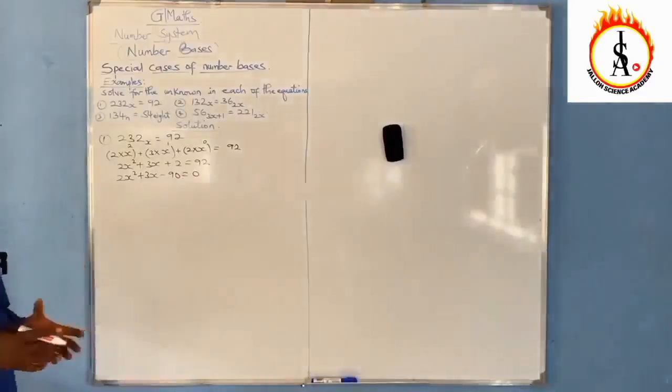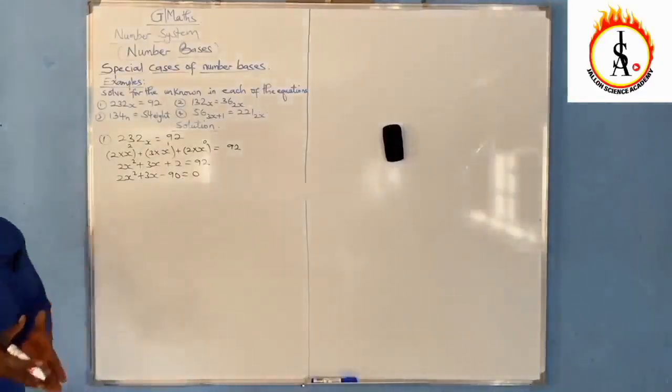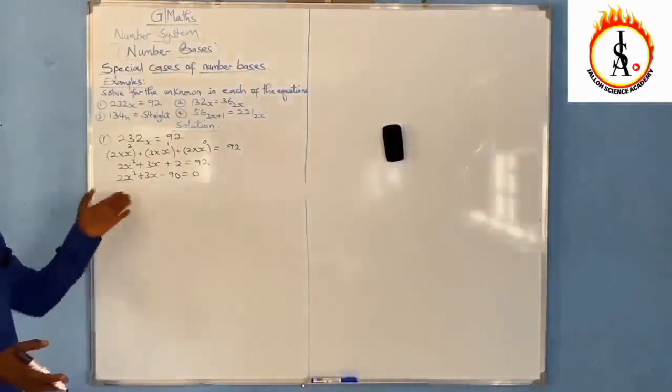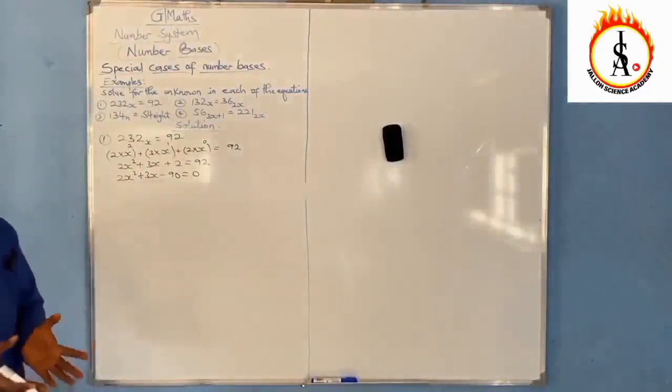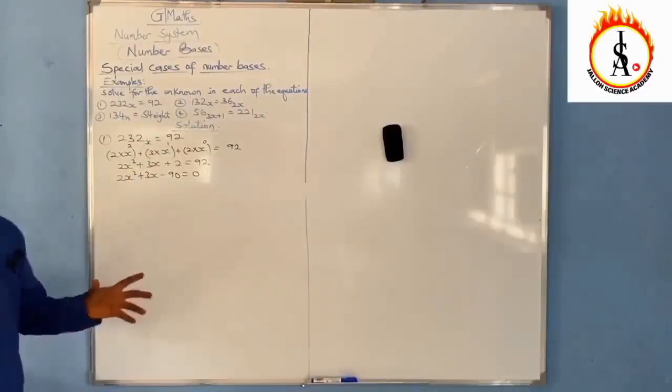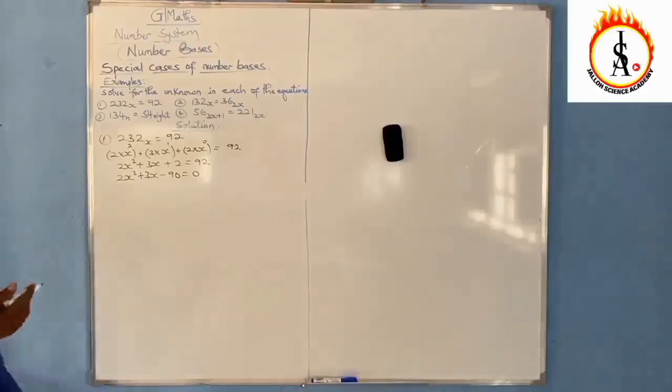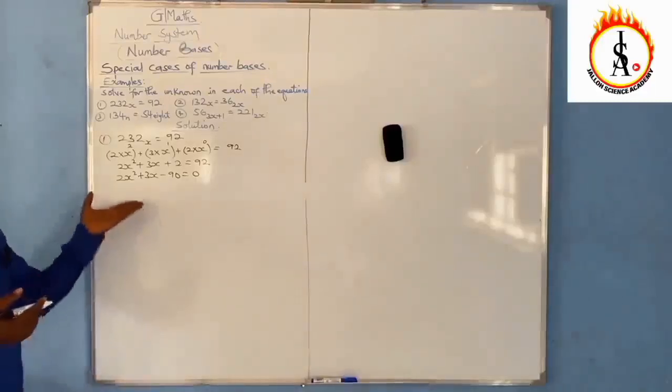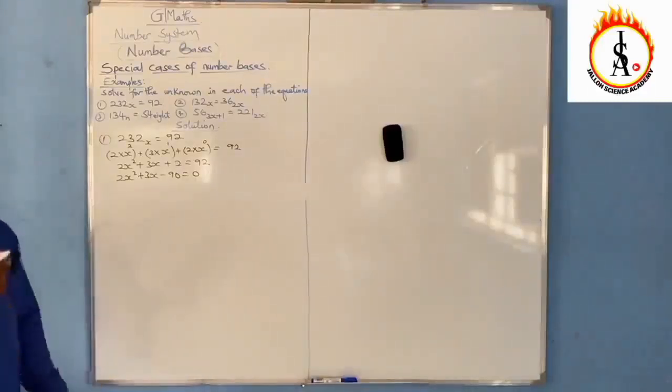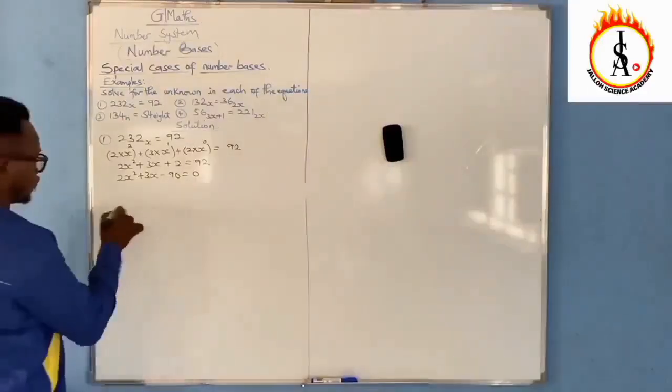So looking at this, factorizing becomes a bit difficult because the sum is plus 3 and the product is negative 180. So you get big numbers and you waste time. So in that regard, we are going to look at the formula method.